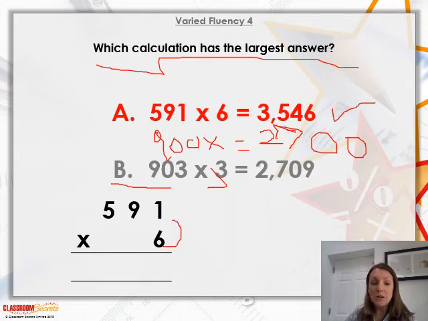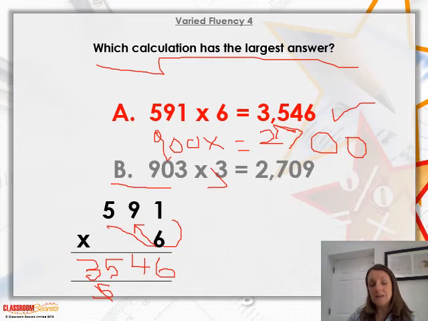So 6 times 1 is 6 here. 6 times 9, remember we're treating each number as a single digit here for the purpose of doing multiplication. 6 times 9 is 54, so I'm going to put down my 4 here and take my 5 across under the next column over here to the left. 6 times 5 now is 30, and I've got 5 to count in here, which is going to give me 35, and the answer indeed is 3,546.